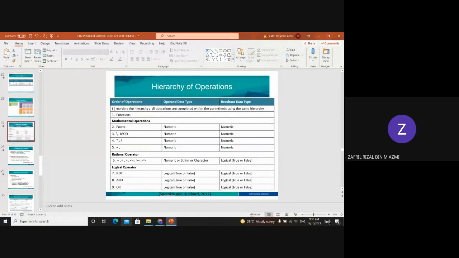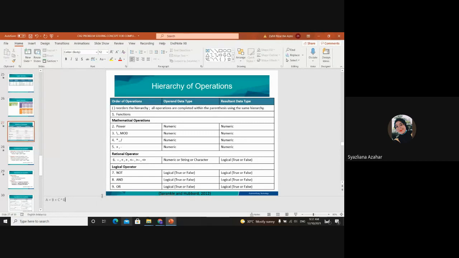For example, A equal to B plus C multiply by D. If there's no bracket, which element do we solve first, class? Multiply.